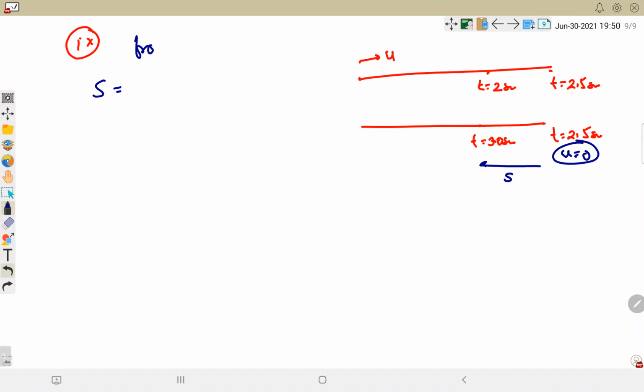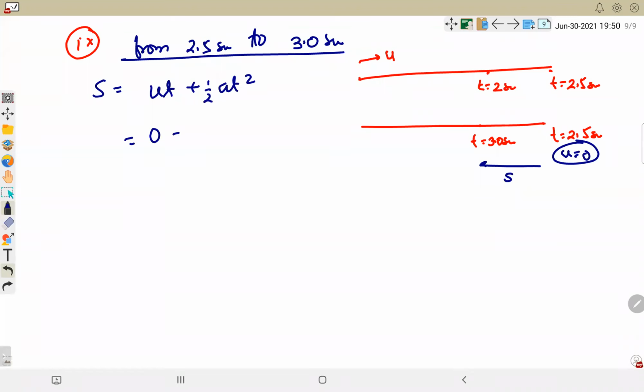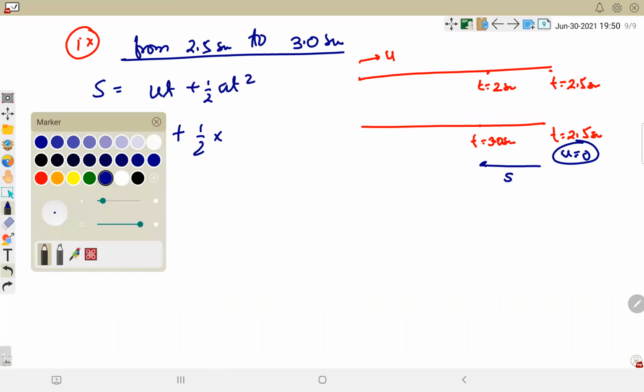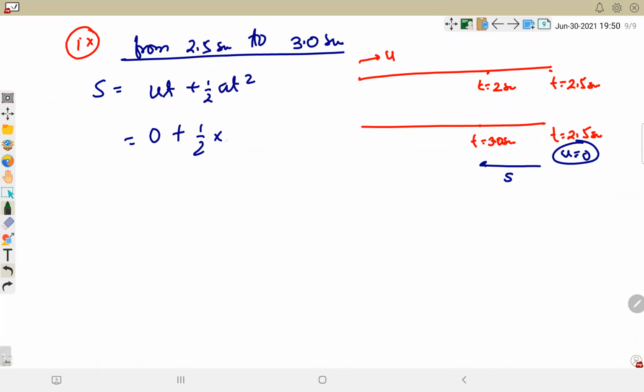So from 2.5 second to 3 second, if we apply the equation of motion, u is 0, acceleration is 2, and time is 0.5 square.